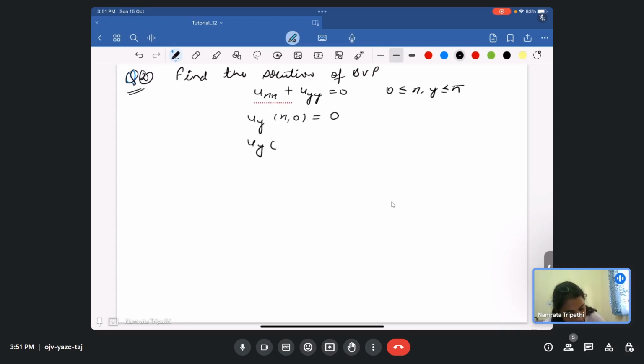So in the next question, the boundary condition is Neumann type. Fine. In the first question, the boundary conditions are Dirichlet type, but in this question, the boundary condition is Neumann type. And three boundaries are zero, but only one boundary is non-zero. So we need not construct a separate problem. We just have to solve for u.